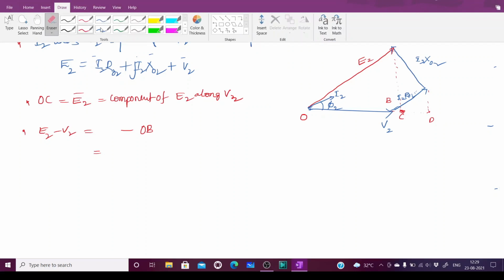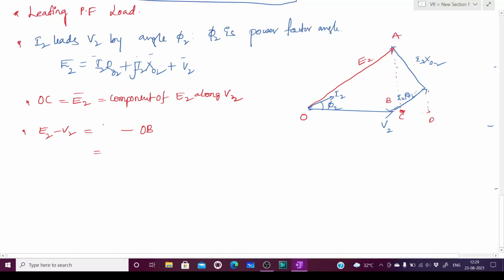We are taking OC minus OB. OC is E2 minus OB is V2. So OC minus OB will give us BC. BC is nothing but BD minus CD. So we need to find this length BC. For that we take BD as reference. BD minus CD will give us BC. So we need to find BD and CD now.